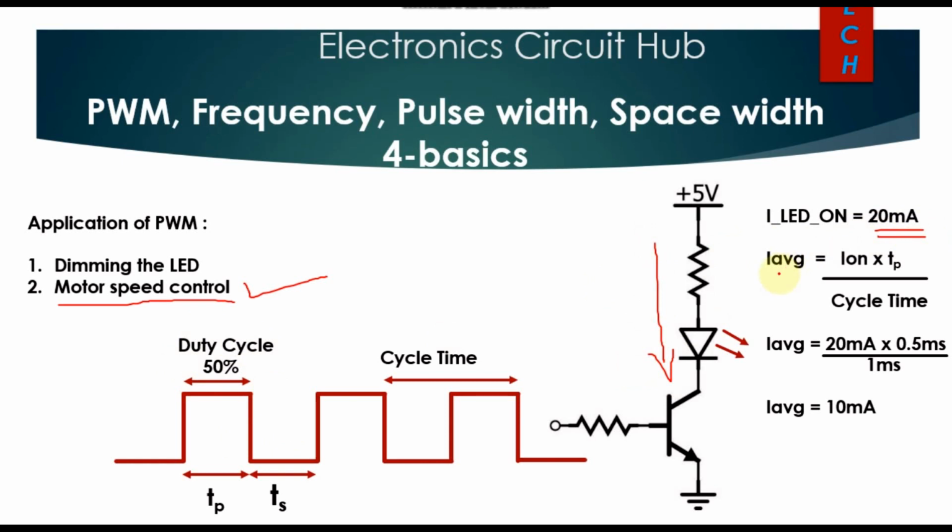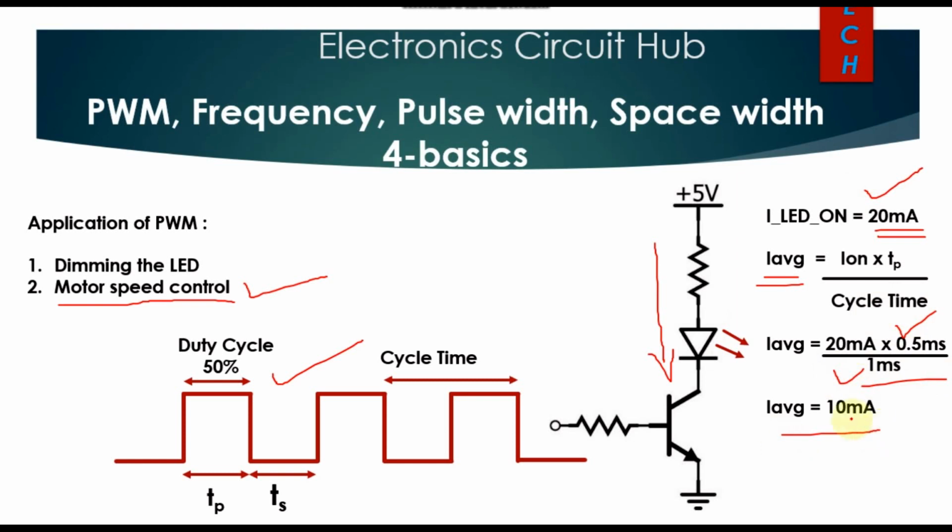You want to calculate the average current for 50% duty cycle. The average current is I on-time current into TP pulse width divided by cycle time. So I on equals 20 milliampere, TP is 0.5 millisecond, and your cycle time is 1 millisecond. If you solve this, you will get I average equals 10 milliampere.